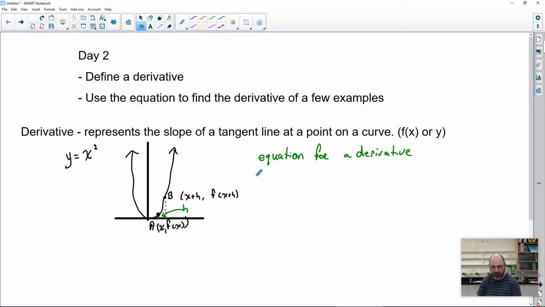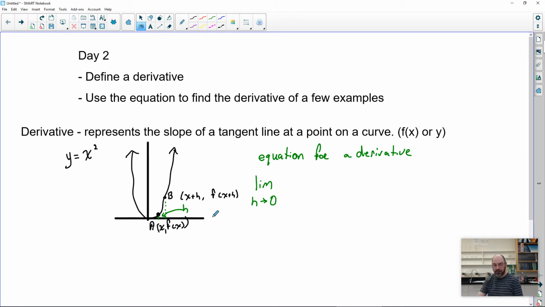It's basically the limit as h approaches 0. And then we're going to be using these two reference points here. Let me just flip this over here so that I don't miswrite it.